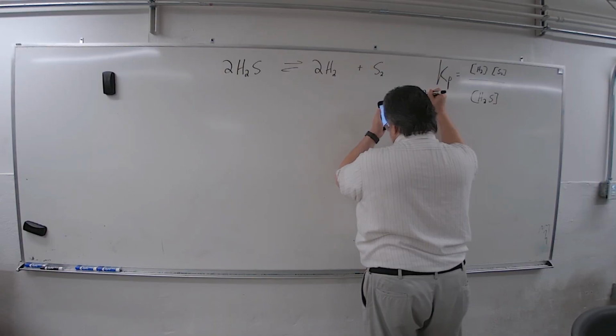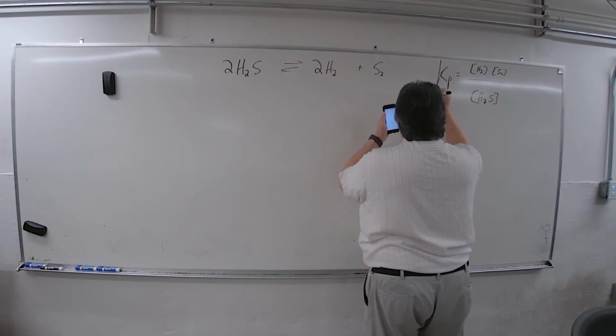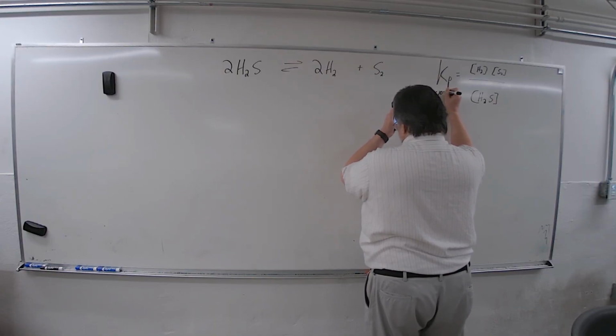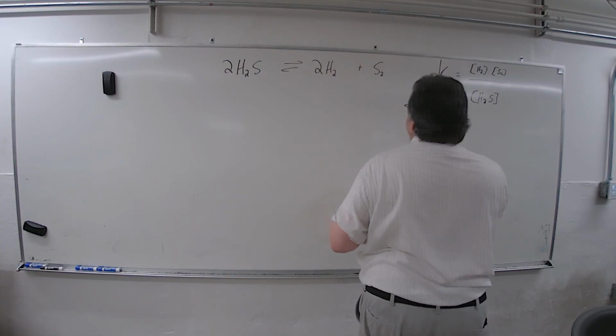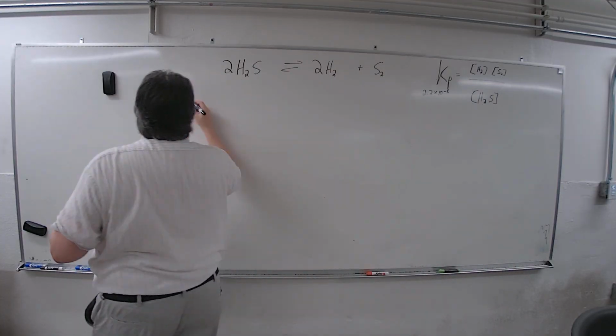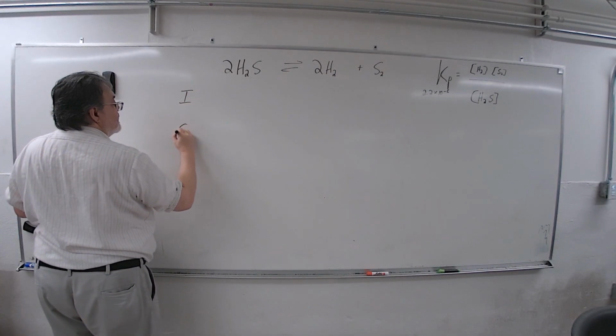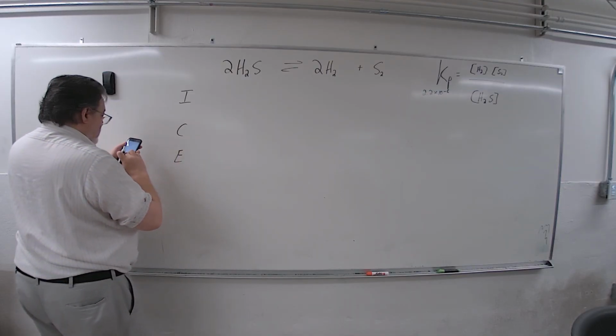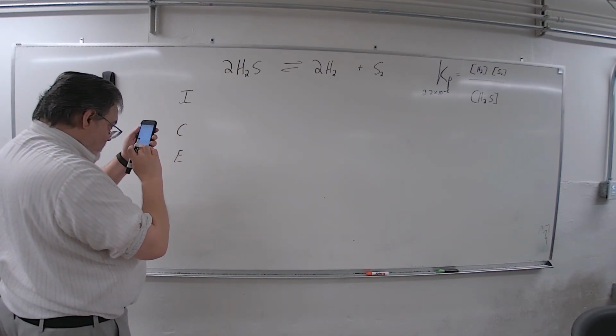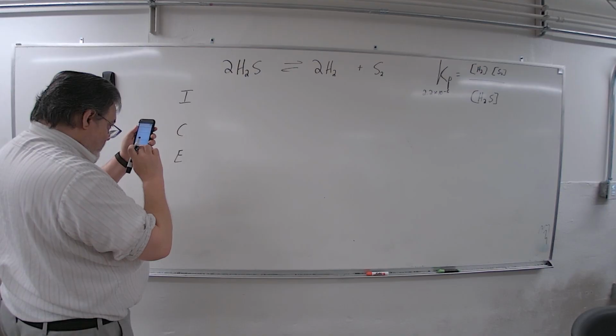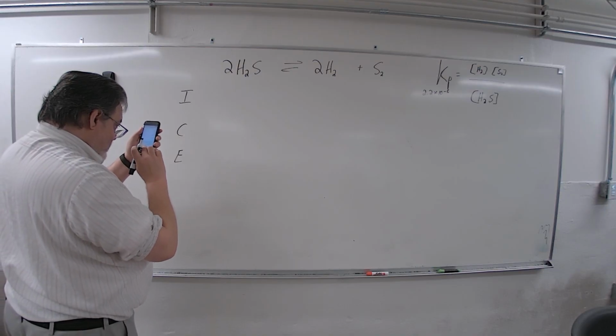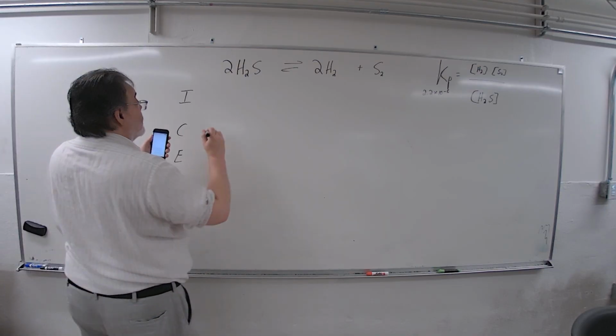KP is 2.2 times 10 to the negative 6. ICE. You're told somebody mixes it up. 0.824 atmospheres. 0.824.